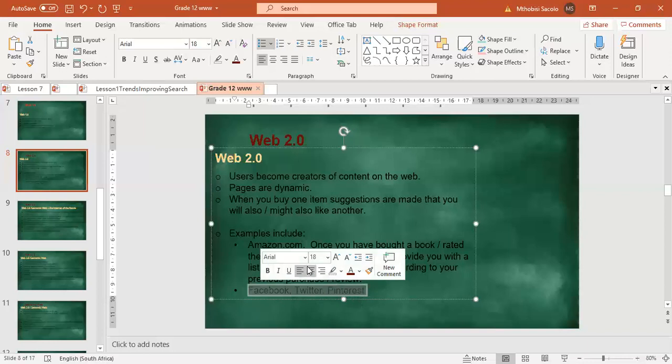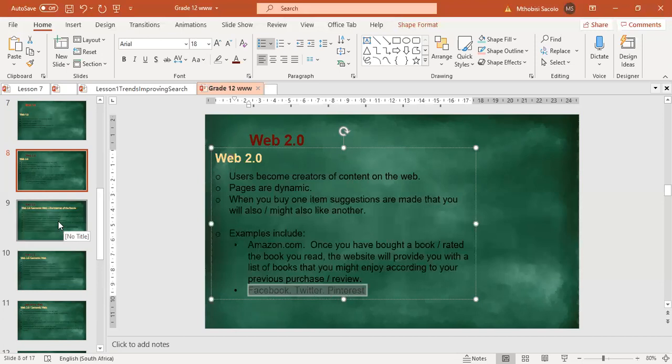Another thing that has changed between Web 1.0 and Web 2.0 is that in Web 1.0, the only form of communication that we had was email. But then here we're starting to have other social networking sites like Facebook, Twitter, Pinterest. So we have a variety of forms of communication now.